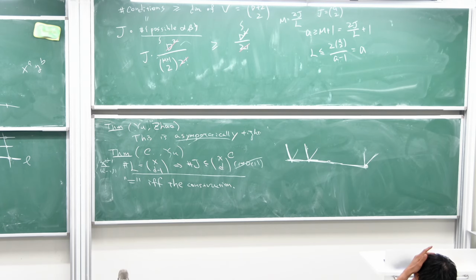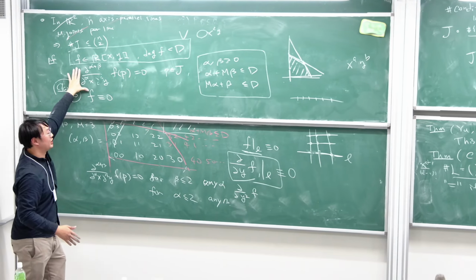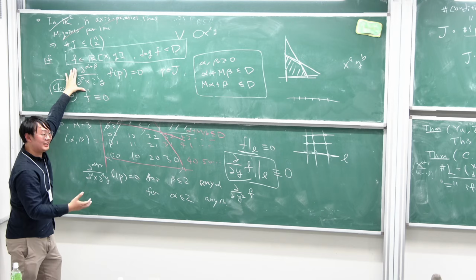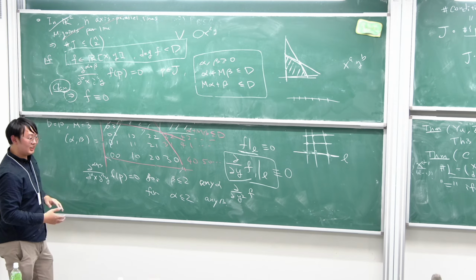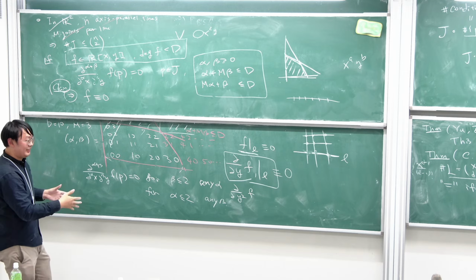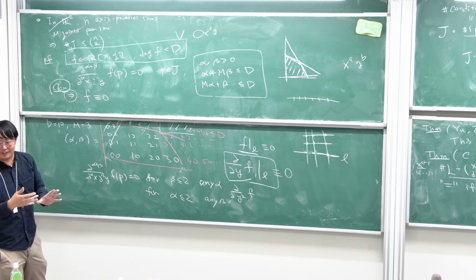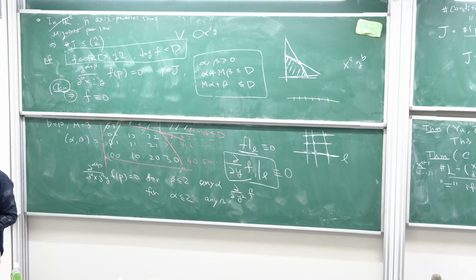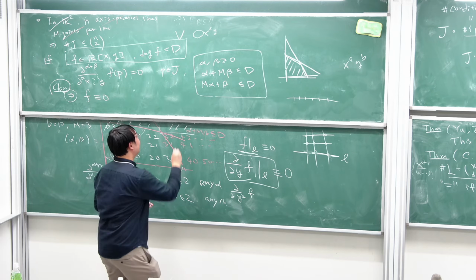The method also works, but the only difference is that we need to replace this notion of derivative by the Hasse derivative. That's one of the good notions of derivative on finite fields, or fields of finite characteristic. Hasse, H-A-S-S-E.